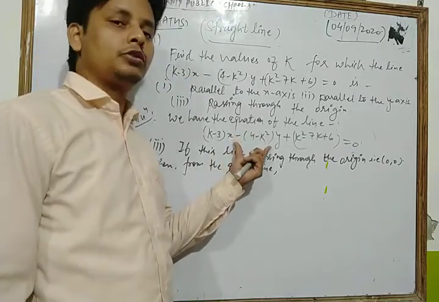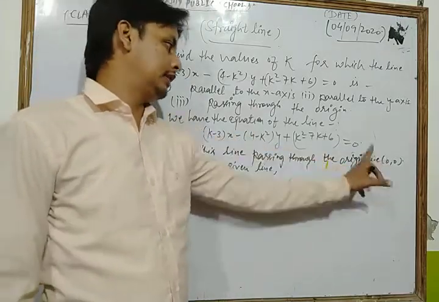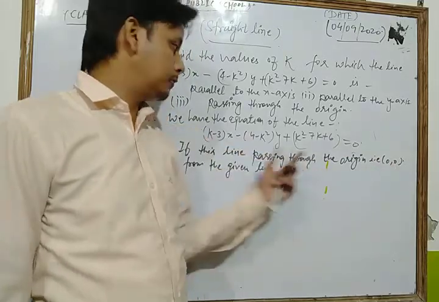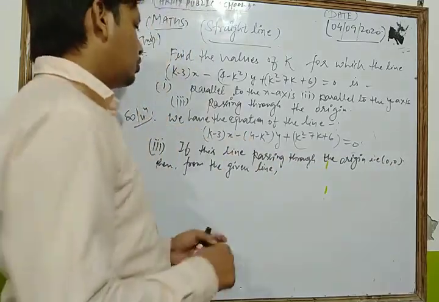If that line is passing through the origin, then the point 0, 0 must satisfy the given equation. So we have what?